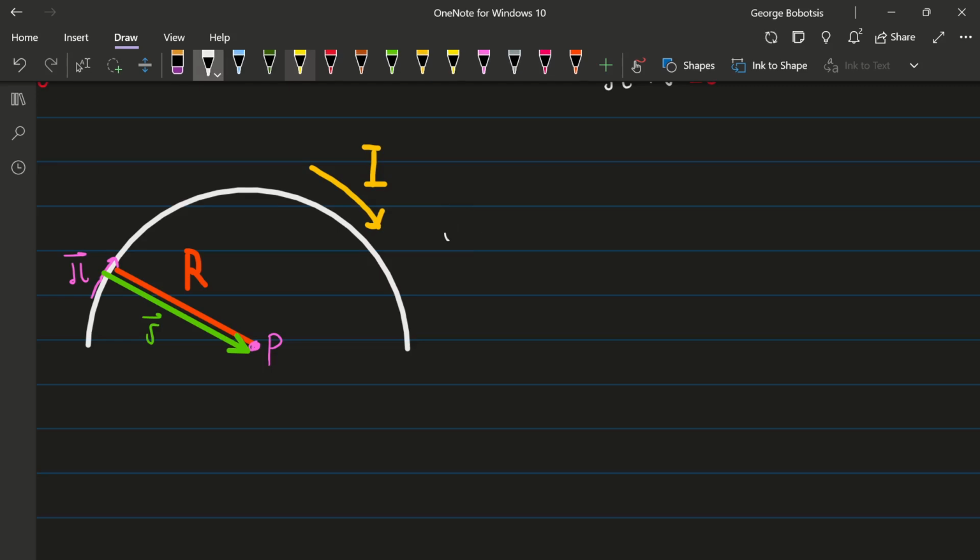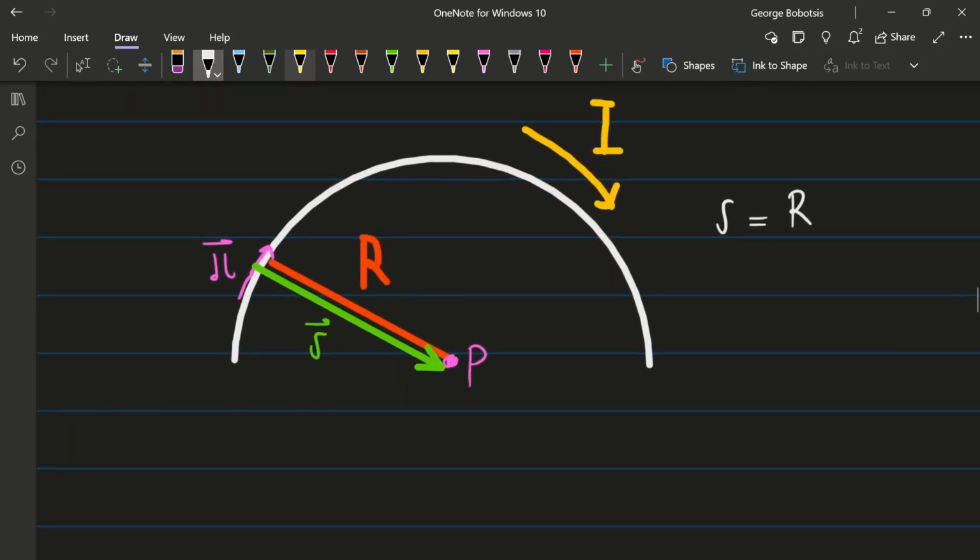So the size of the R vector, let me write it like this, the size of it is capital R. Sometimes we write that without the absolute values. It just looks like this. Now, what coordinate system is good with curvy stuff?